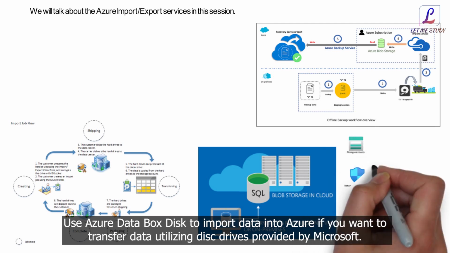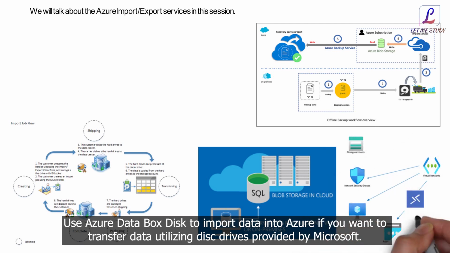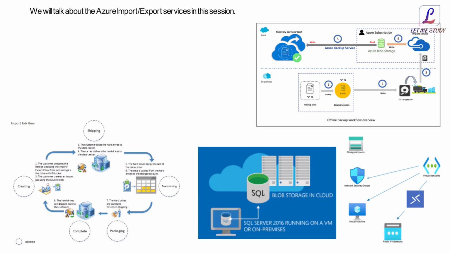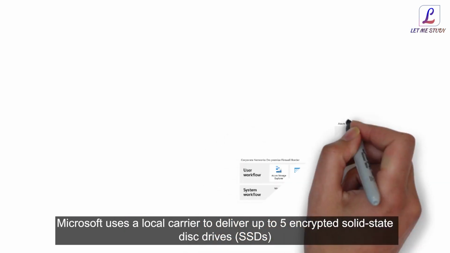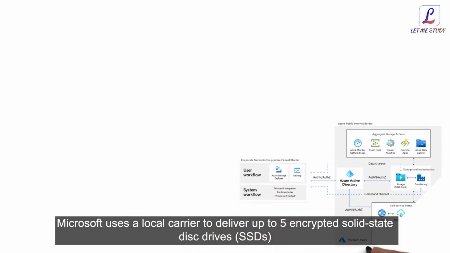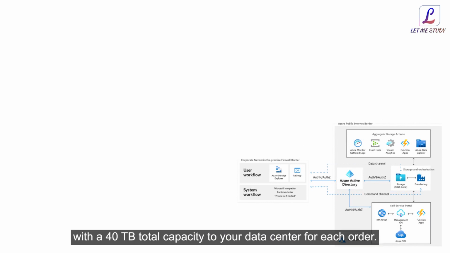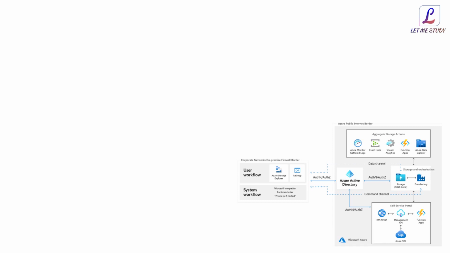Use Azure Data Box disks to import data into Azure if you want to transfer data utilizing disk drives provided by Microsoft. Microsoft uses a local carrier to deliver up to 5 encrypted solid-state disk drives (SSDs) with a 40-TB total capacity to your data center for each order.